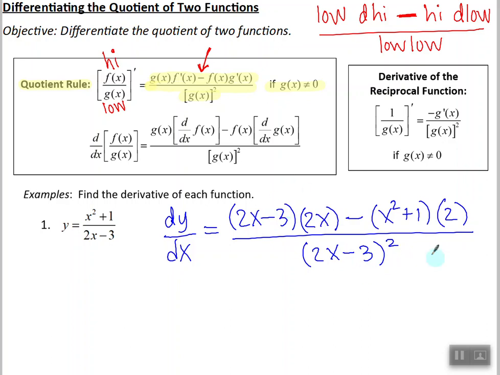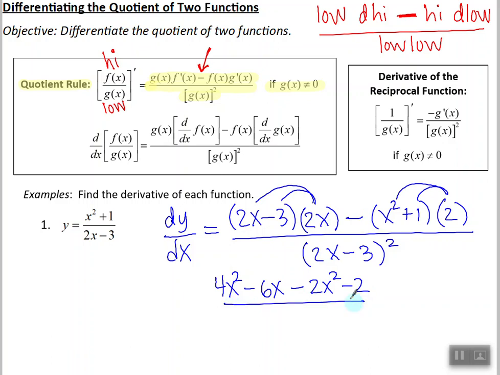Now, while that is a derivative, it of course can be cleaned up a bit. So let's do that next. We distribute the 2x, and that becomes 4x squared minus 6x, and we distribute the 2, and of course we're subtracting, so minus 2x squared minus 2, over 2x minus 3 quantity squared.